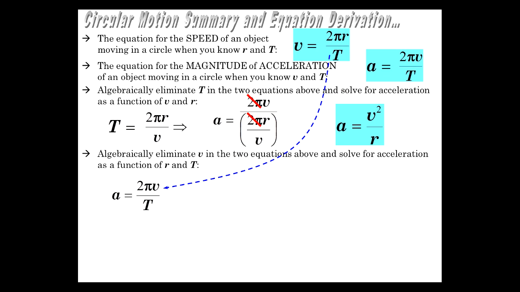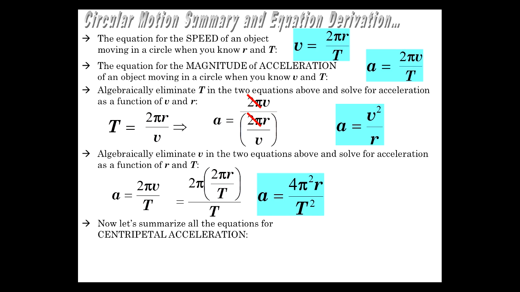A is 2 pi v over t, and stick in for v the solved formula, which is 2 pi r over t. And then that's all divided by t. So what does this give us? It gives us 4 pi squared r over t squared. That's the final version, final equation for centripetal acceleration.